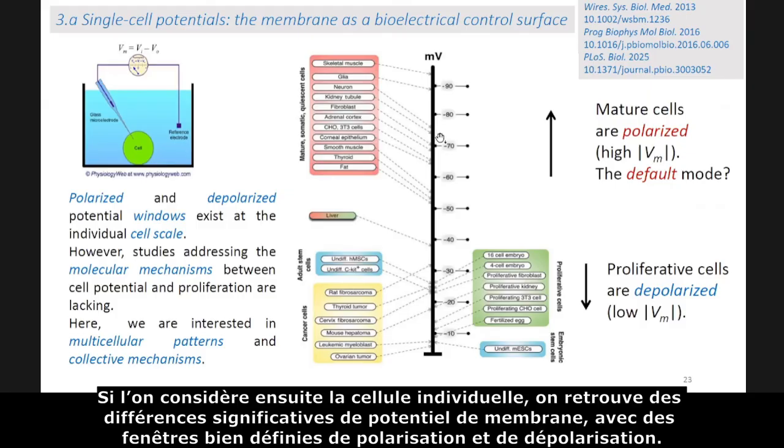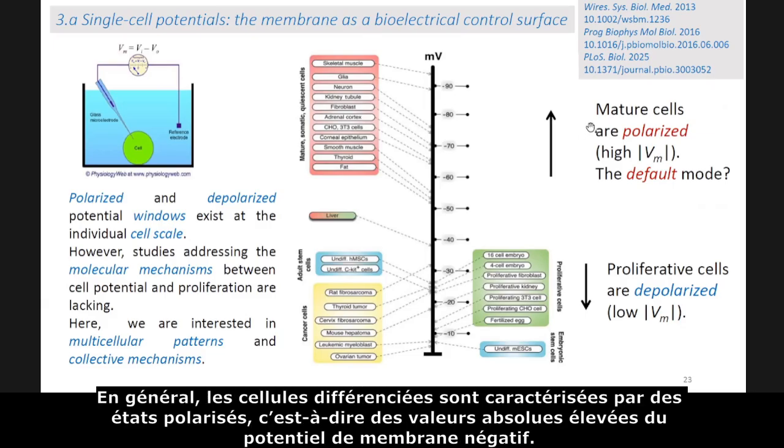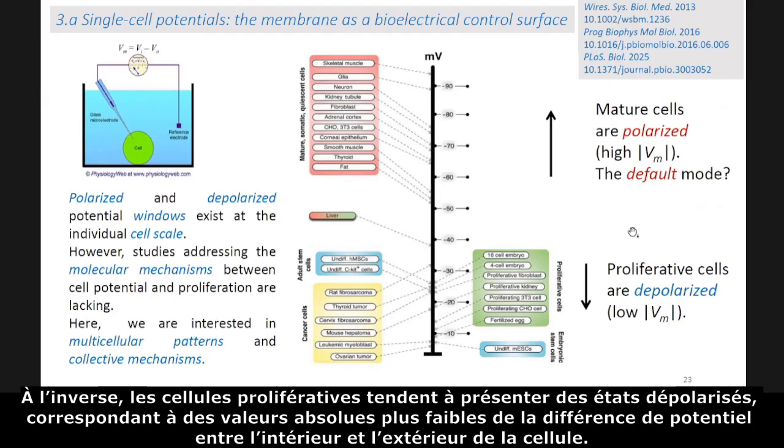If we move to the single cell case, again, we find cell membrane potential differences, which are significant, and for instance, clear polarized and depolarized voltage potential windows. Usually, differentiated cells are characterized by polarized states in the sense that they tend to show high absolute values of the negative cell membrane potential, while on the contrary, proliferative cells seem to show depolarized values of the cell potential, which means low absolute values of the potential difference between the cell inside and outside.